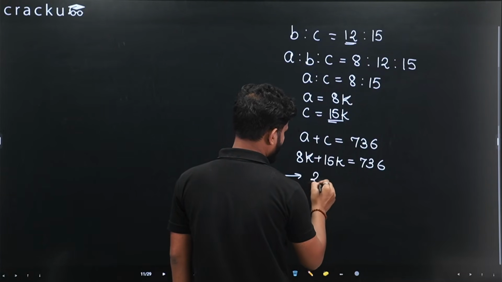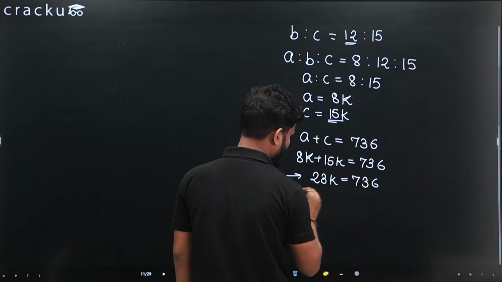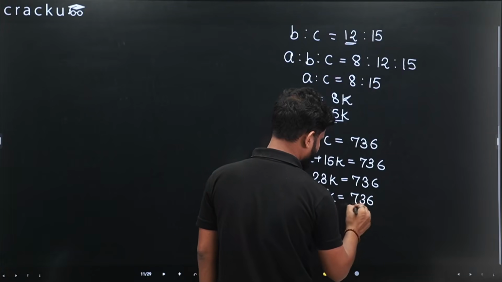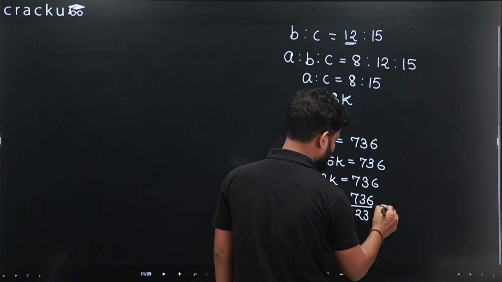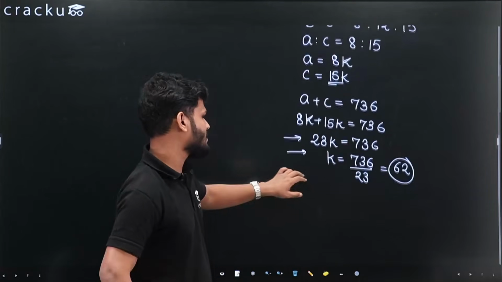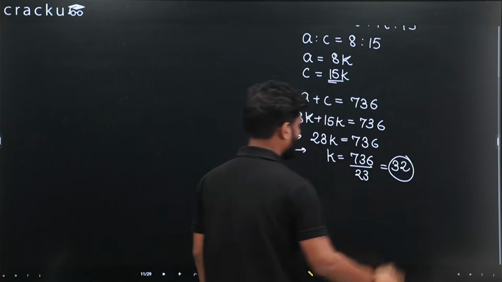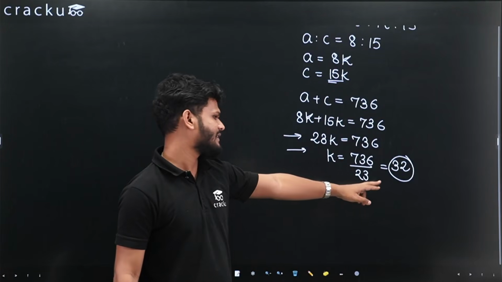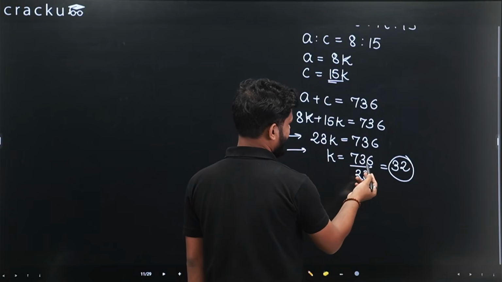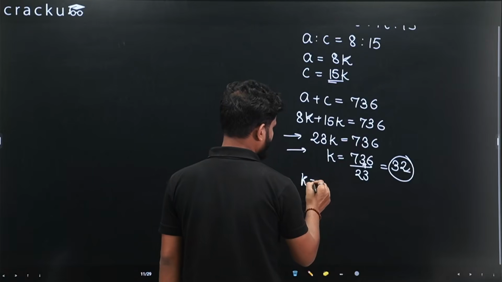This will give you 23K is equal to 736, or K is equal to 736 divided by 23. So this is 32. 736 by 23 will be 32. Why? 23 into 3 is 69. It will be 4 here and then this will be 2. So K is equal to 32.